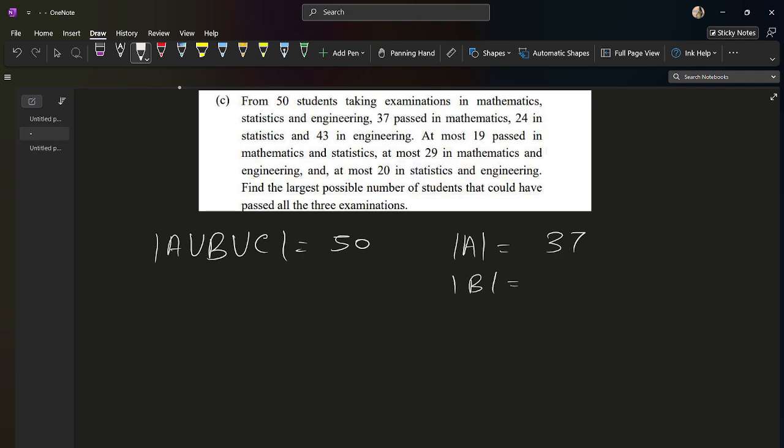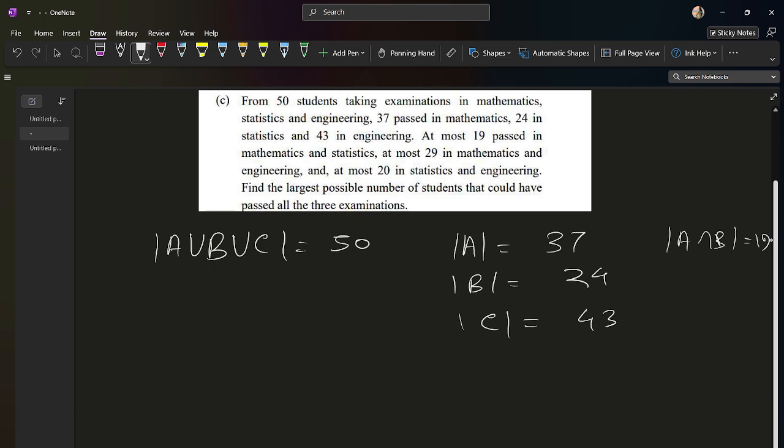In statistics, let us call it B, it is 24, and C will be engineering, so we get 43. Now we are going to see the pairwise intersections. So for mathematics and statistics, that will be A intersection B, which is equal to 19.